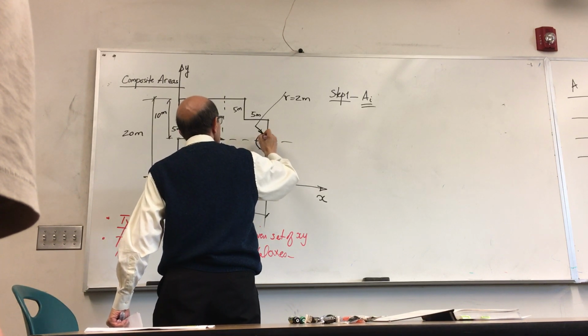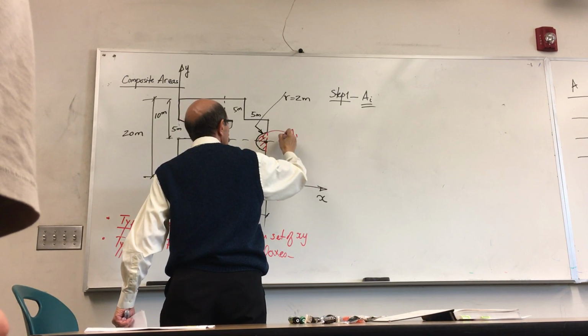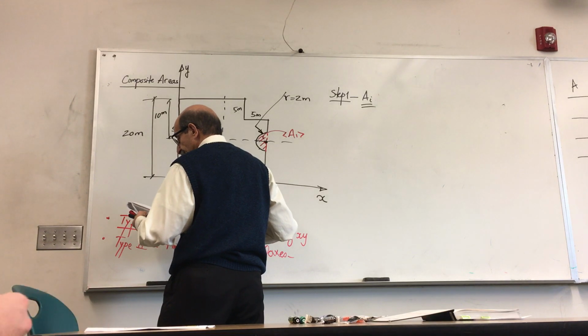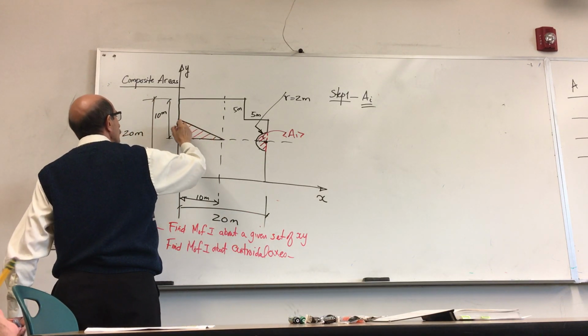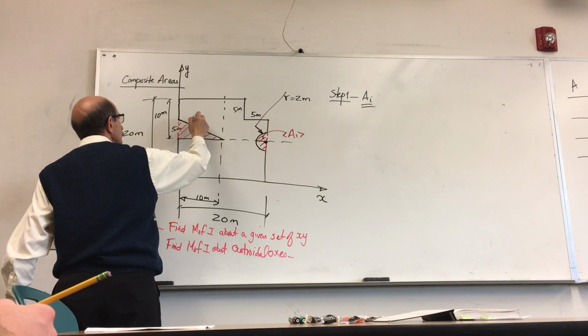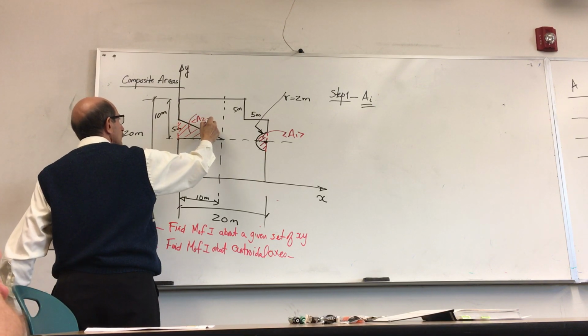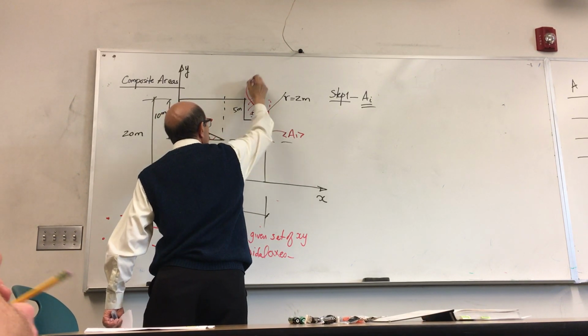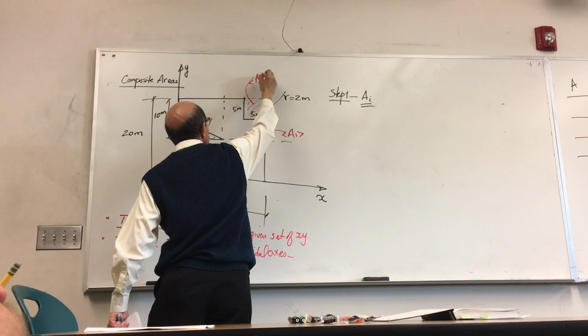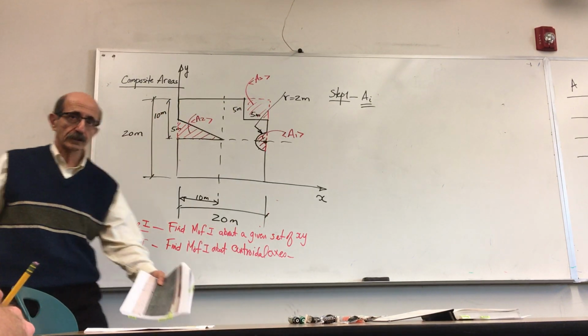And this is how I do that. I consider this as A1, which is obviously negative. I consider this as A2, also negative, and this is area 3 that is cut out, so that is negative, okay?